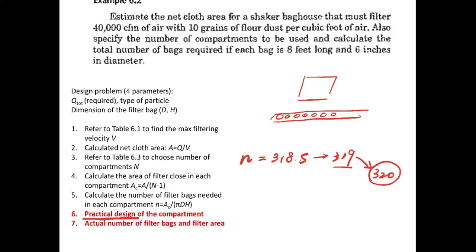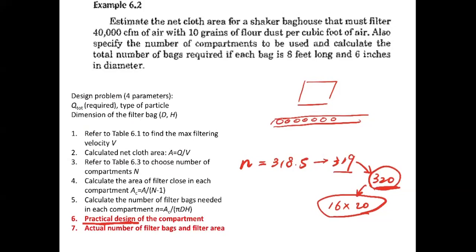Some of you actually stopped here for this problem, but actually we need to come up with a practical design. We need to say it should be arranged in this geometry, 16 rows, 20 columns, or 20 rows, 16 columns. So we need to give this practical design as a final answer. We can't just give this number here and stop, okay? So that's the common problem that I saw in your homeworks.